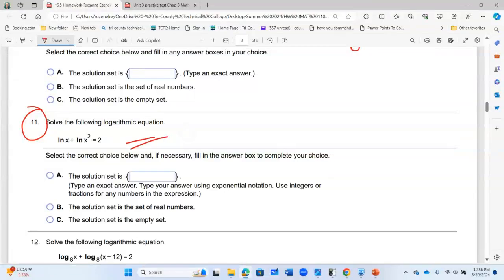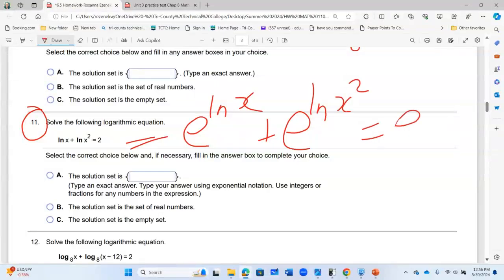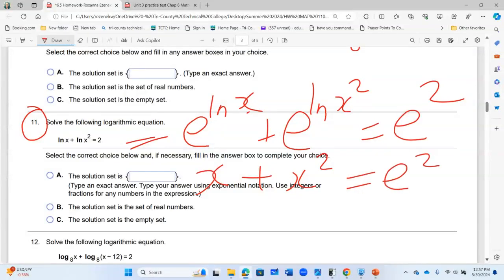Let's see how it goes. e to power natural log of x plus e to power natural log of x squared is equal to e to power 2. So this one is x, this one is x squared, and this one remains e to power 2.